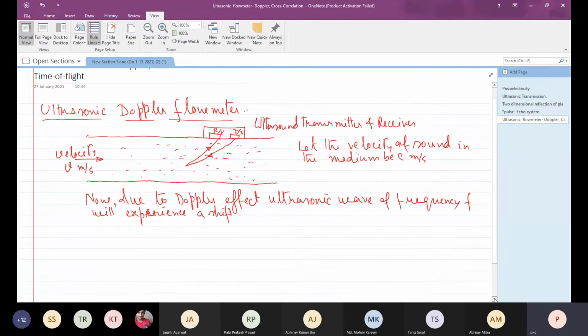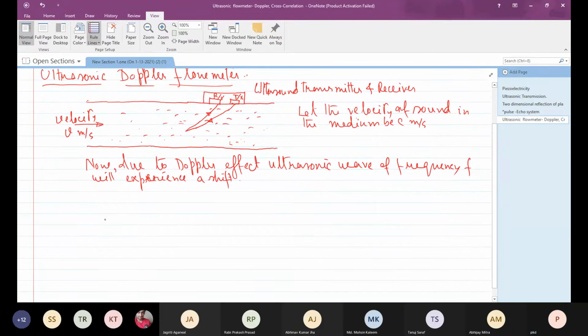This shift can be determined from the sound velocity and the particle velocity.